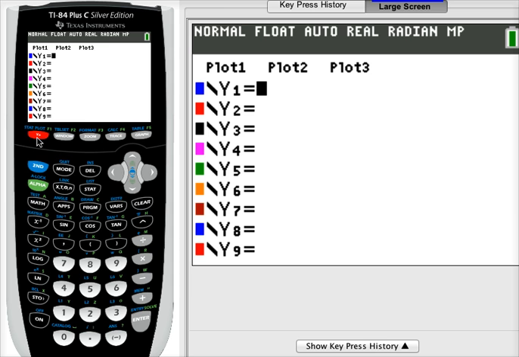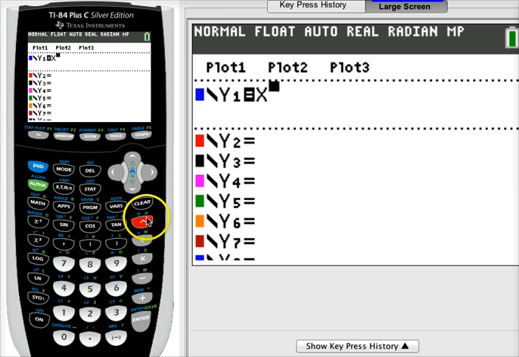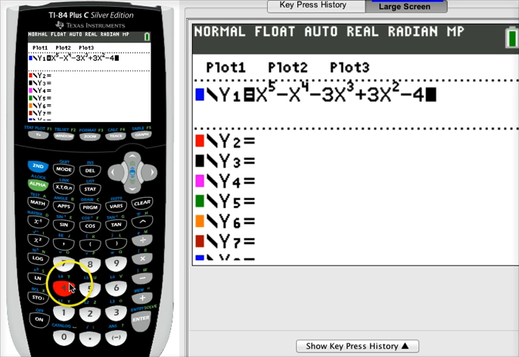Now, the calculator doesn't have any special way to represent exponents greater than 3, so I actually have to put in x to the 5th power, minus x to the 4th power, minus 3x to the 3rd power, plus 3x squared, minus 4x, plus 4.